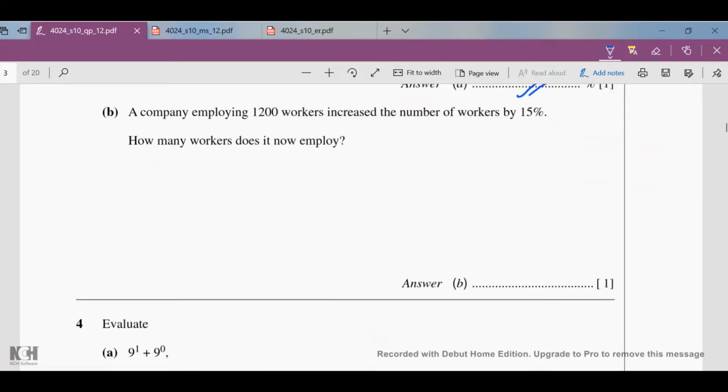A company employed 1200 workers and increased the number of workers by 15%. This type of question is very important. How many workers does it now employ?